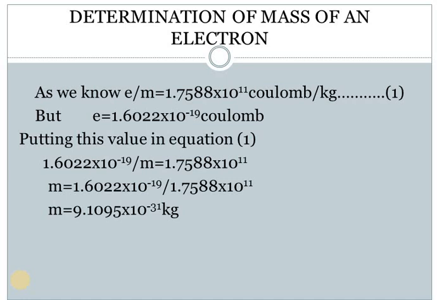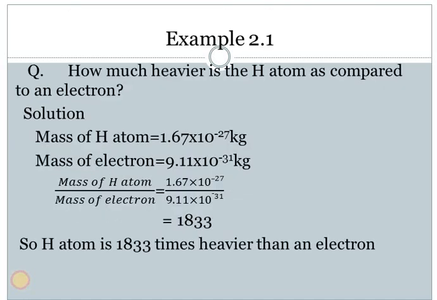More the electrons, more would be the mass. Less the number of electrons, less would be the mass. So the mass is also fixed, which is 9.1095 into 10 raised to power minus 31 kilograms. This is also very important. They can ask you different values in your objectives. So do prepare all these values and learn them orally.